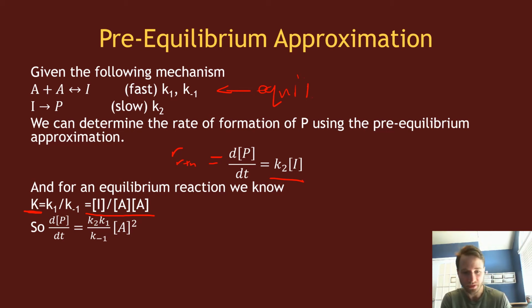I'm at equilibrium, so this is true. And so therefore I can use that equilibrium constant expression to solve for I, to say that the concentration of I just equals capital K times the concentration of A squared, okay?